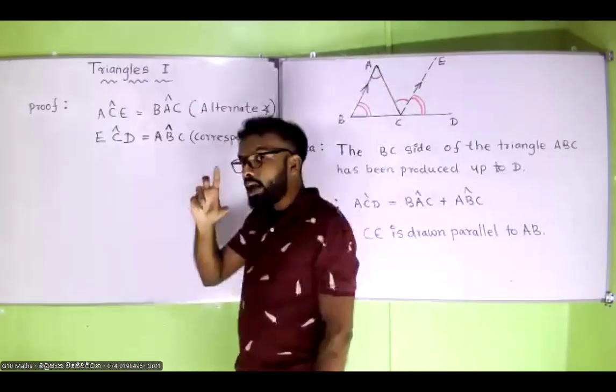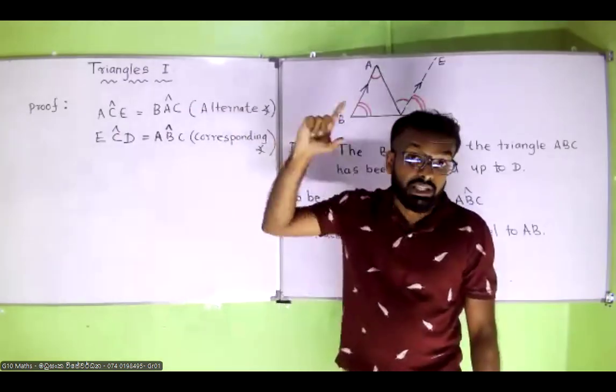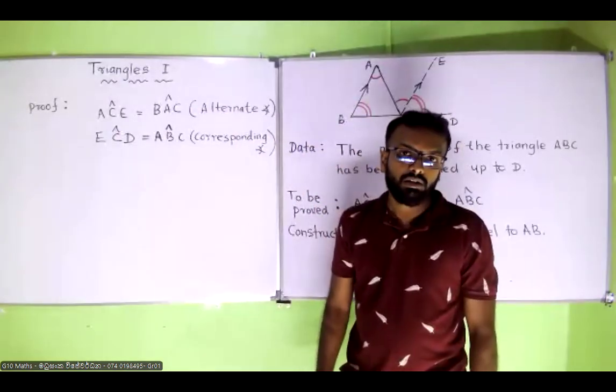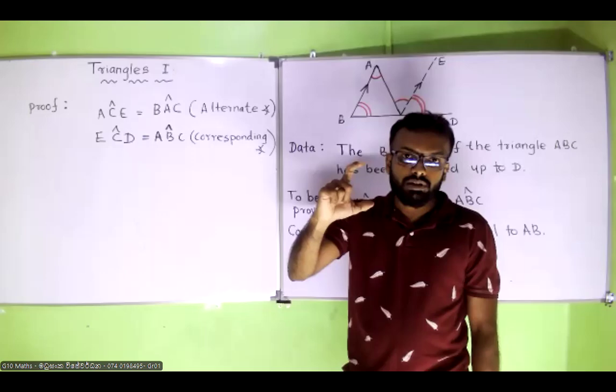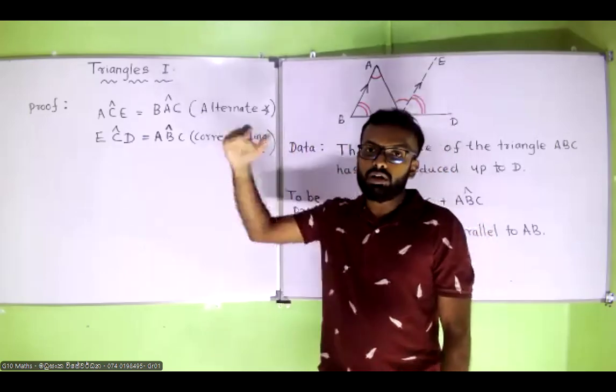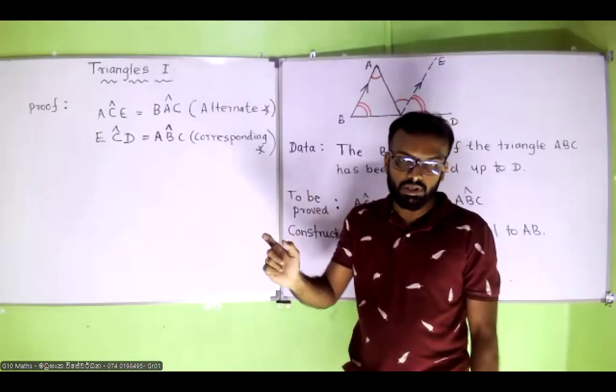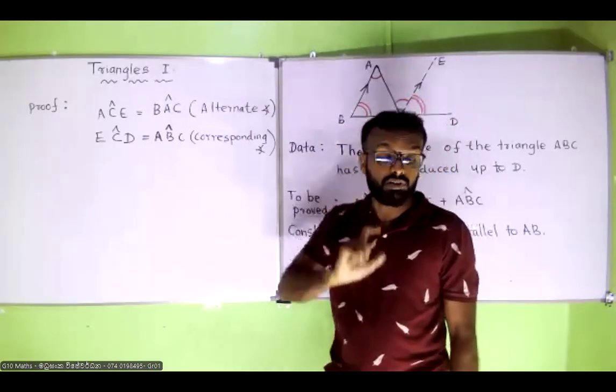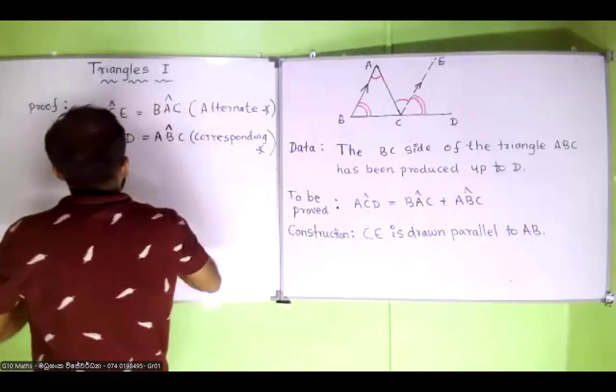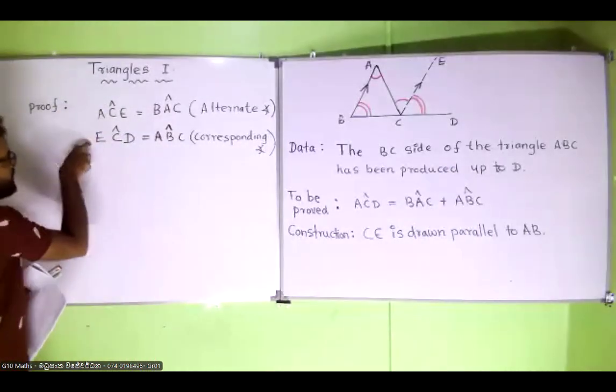Now, by using the axioms, if you add equal quantities to equal quantities, the final result will be equal. That is from grade 7. I am going to add these two.